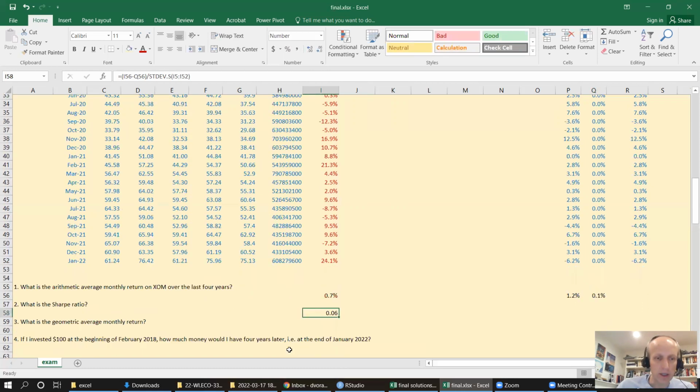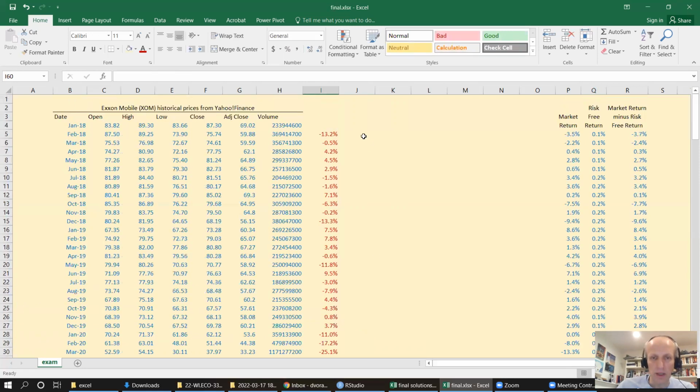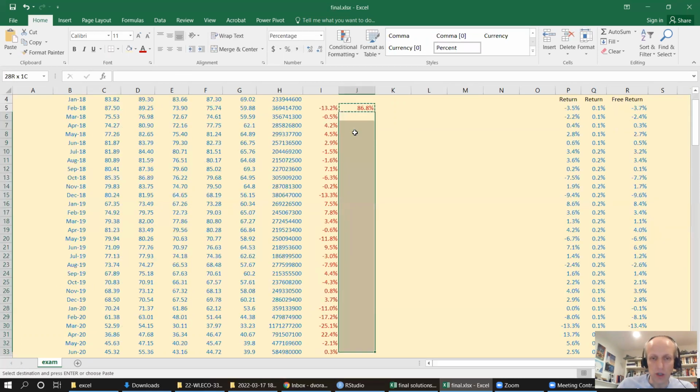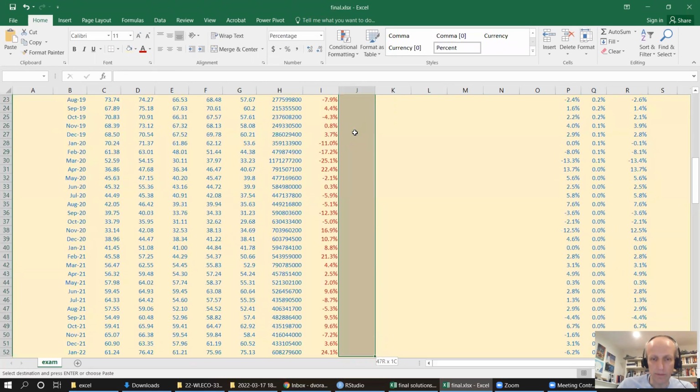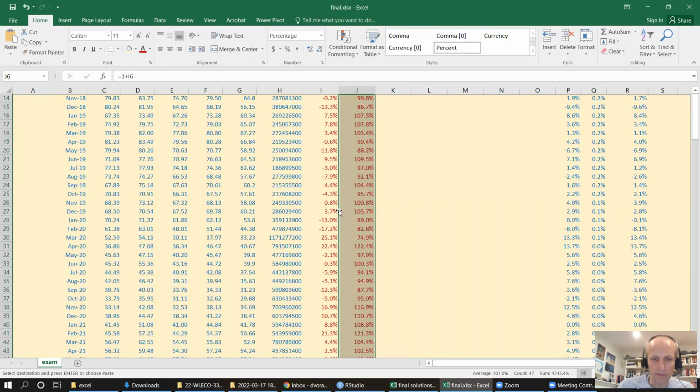What is the geometric average monthly return? So we could do this a number of ways. We could calculate 1 plus the raw return and use the geom_mean function. So let's try that.